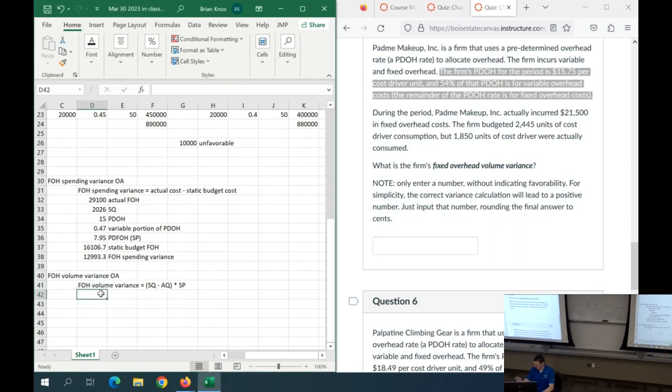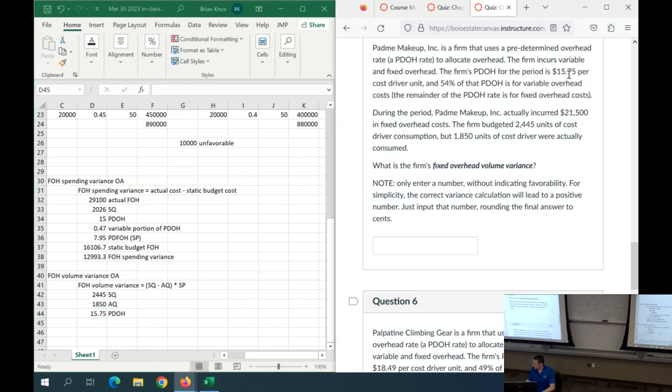So I'm just putting those words in. All right, so our actual quantity is 1850. Our standard quantity, 24.45. And our standard price, PDOH, is 15.75, right up here.